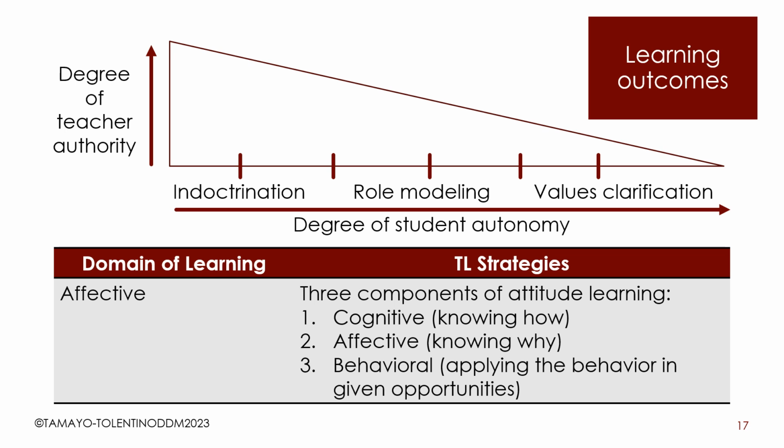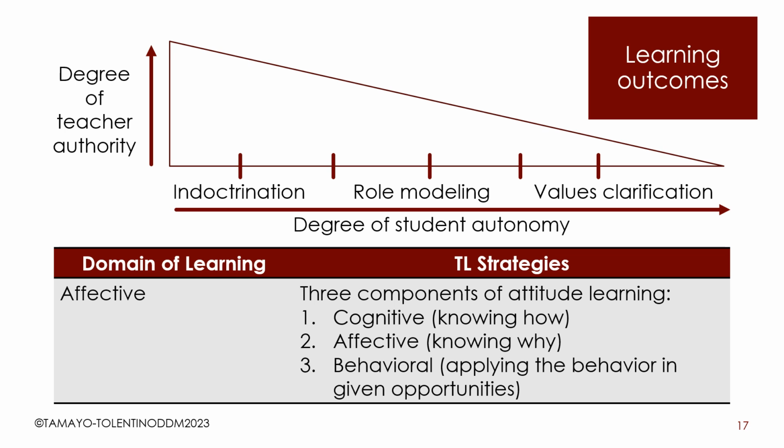Again, among the three domains of learning, attitude is probably the most difficult to teach. And most of the time, we don't really use a particular strategy to teach it, because attitude should be embedded in the instruction at all times.